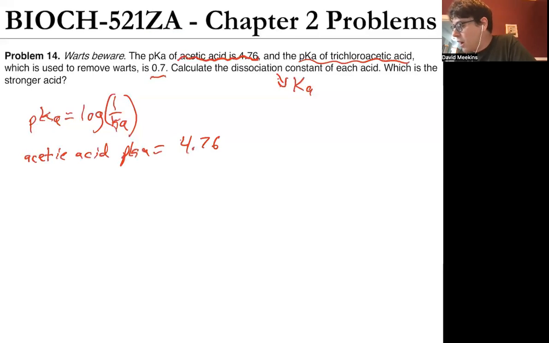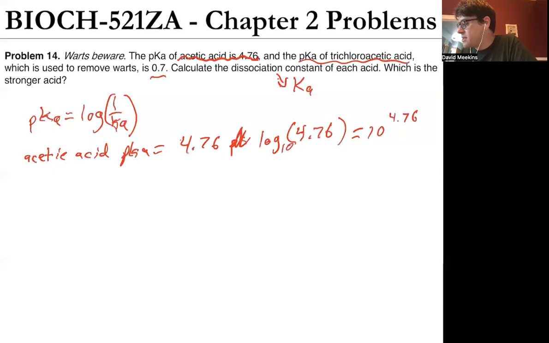So if we find the antilog of 4.76, that would equal 10 to the 4.76.